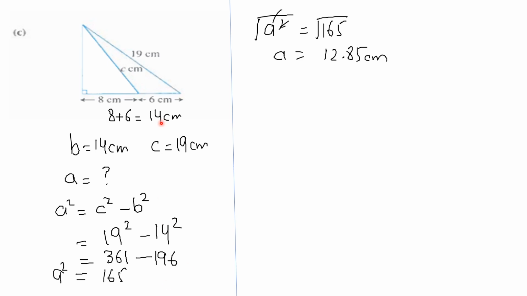Now what actually I need is C. Now can I easily find C? Because I can't use this triangle. This triangle is useless to find C. I will use this triangle because I can apply Pythagoras theorem here, because it has a right angle and this one is not a right angle, right? So now it's easy. I can easily find C squared is equal to A squared plus B squared, which is the hypotenuse basically.